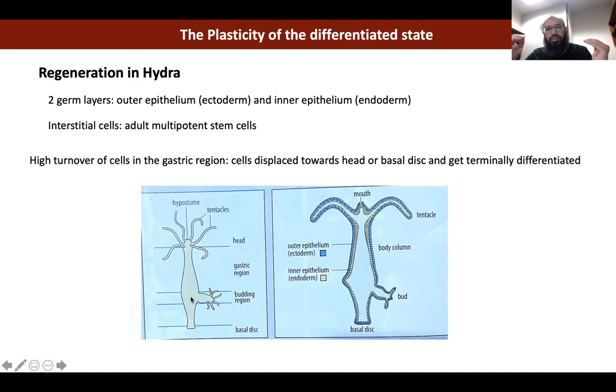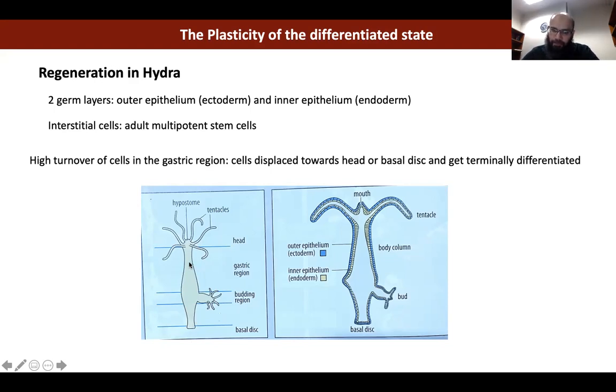So there is this anteroposterior polarity where you have a head region and a tail region, and if there is a cut facing the head side, it will always grow a head, and if you make a cut on the basal side, it will always grow a tail or the basal disc.